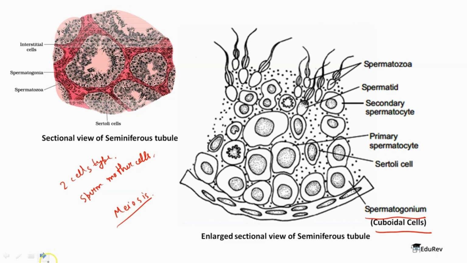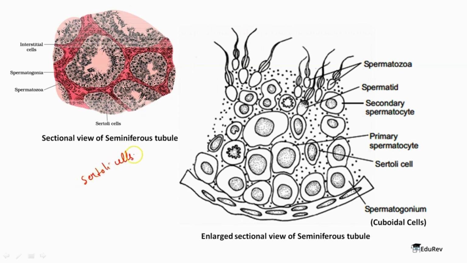Apart from these cells, let me clear the screen first. The second type of cells is known as Sertoli cells, right? They are also known as nurse cells or sustentacular cells.